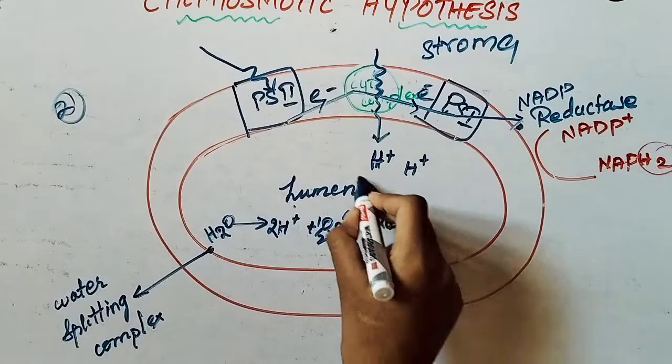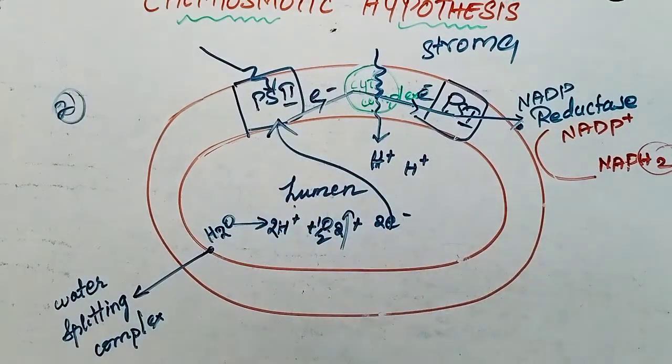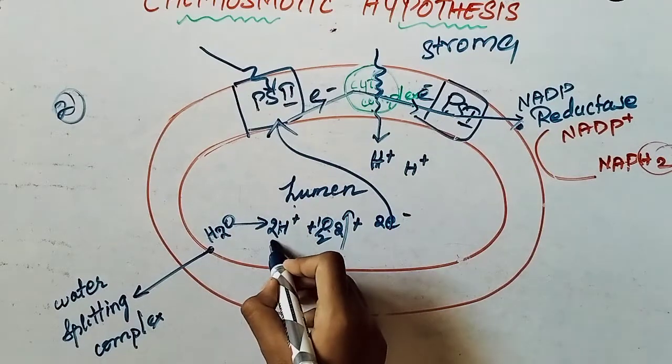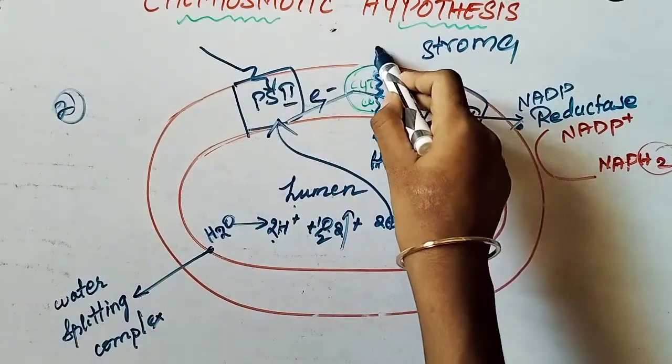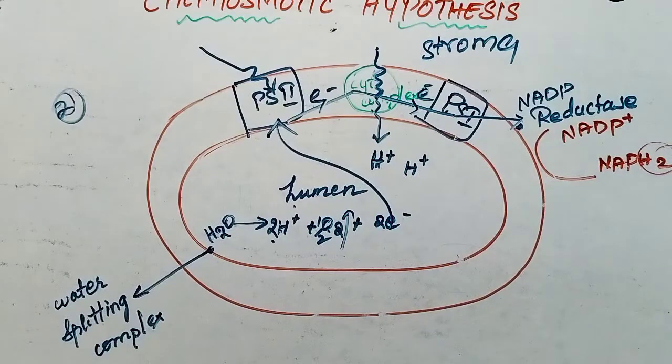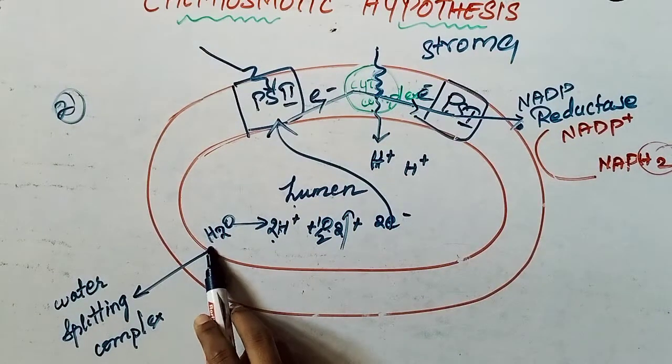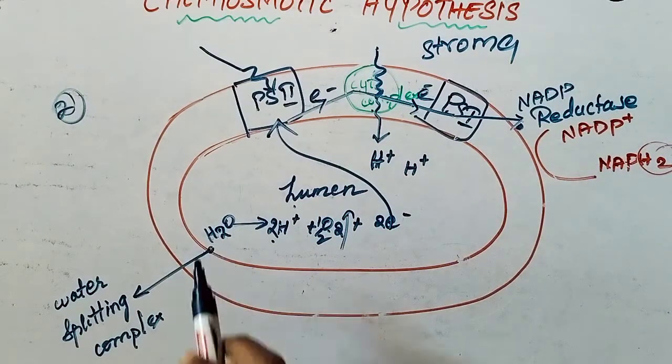Then the electrons go to fulfill the deficiency of the photosystems. So one process is in the cyclic or non-cyclic photophosphorylation, and the second process is the photolysis of water, which gives hydrogen in this lumen.